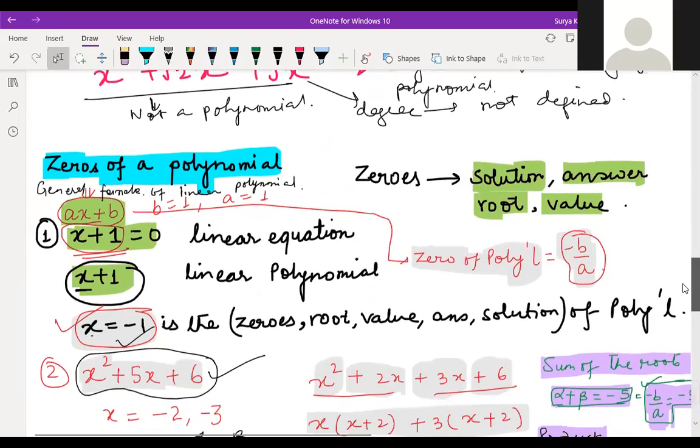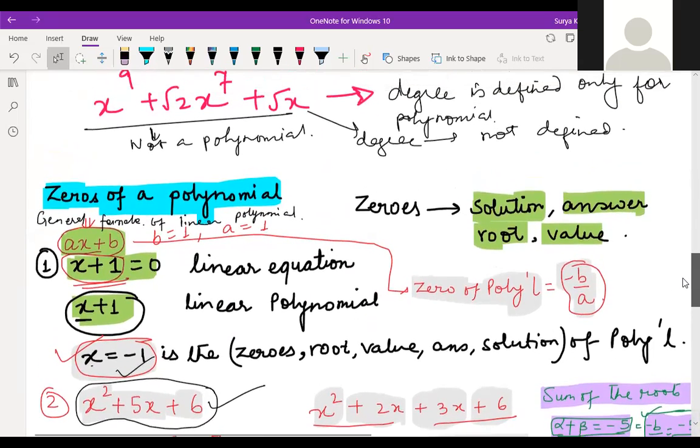Zero means you should put the value of the variable in the polynomial so that the whole polynomial becomes zero. That is nothing but what we call the zero.